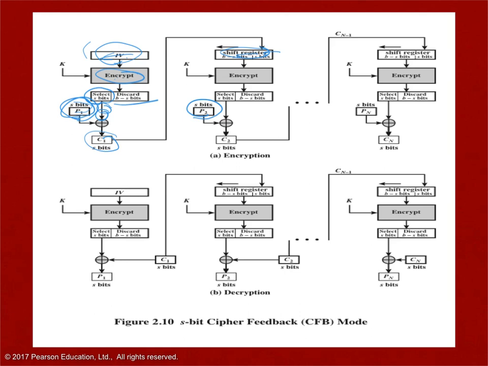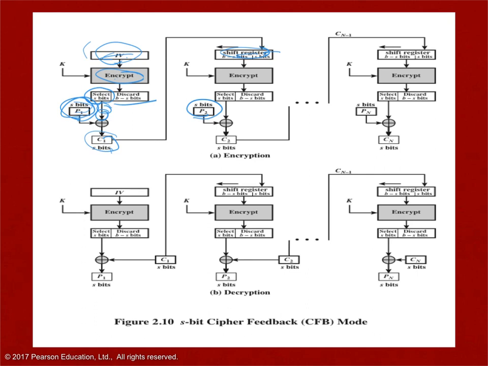In cipher feedback mode, they tried to achieve that, but unfortunately they lost on complexity, because the random sequence you generate gets applied to only S bits, since it has to be shifted and so on. Because of this mechanism, we lost on complexity.